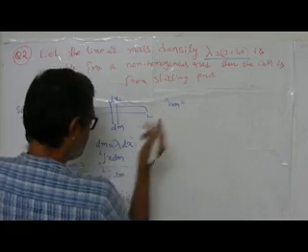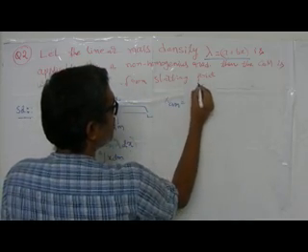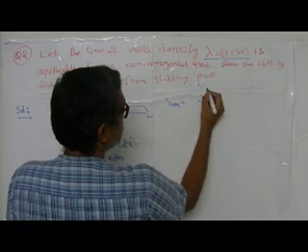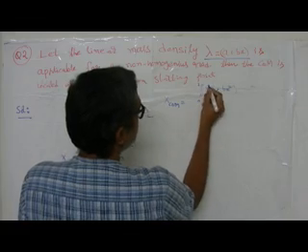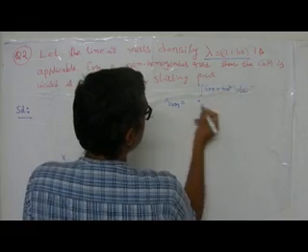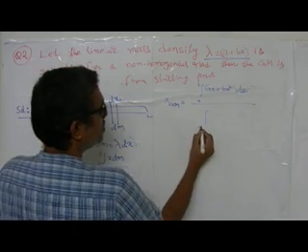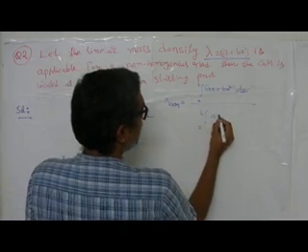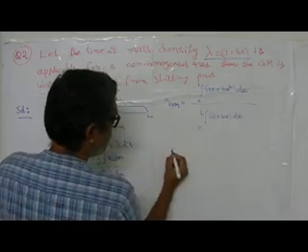xcm is equal to, now let us substitute the value of lambda. So integration 0 to L, upon substitution, ax plus bx square into dx, divided by integration of 0 to L of a plus bx dx.